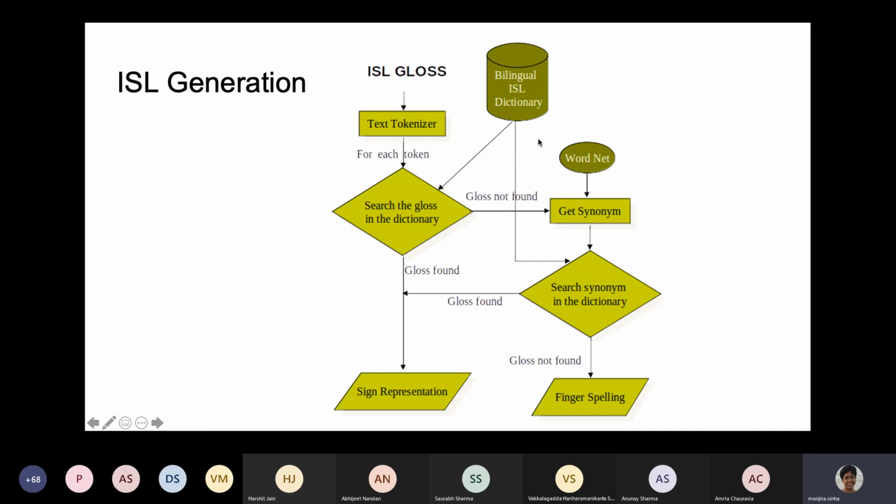Again, gloss is a term for similar meaning words in the dictionary, like the meaning of the word. Now, if the gloss is found in the sign language dictionary, we come up with the sign language representation. In some cases, the word that I am searching for, I do not have any entry in the sign language dictionary.